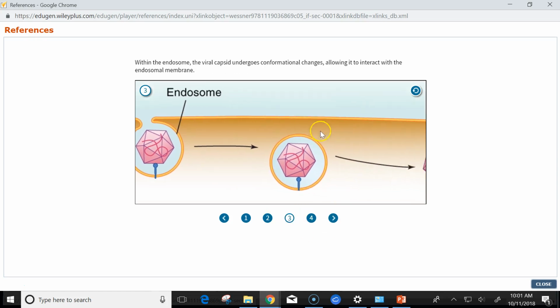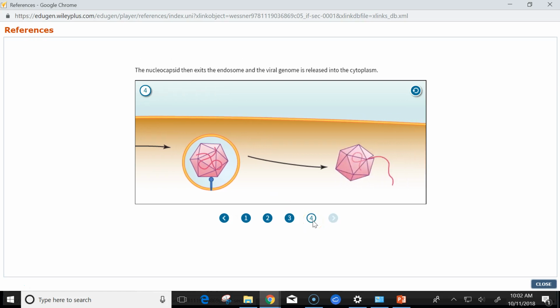So then that virus is inside a membrane, inside of our cell. Well, it can't hurt us if it stays there, so obviously it needs to get out. And that's the next step: it's going to escape that membrane, and the nucleic acid and the protein coat must come apart from each other so that this information can be used to make more protein coats and more nucleic acid.